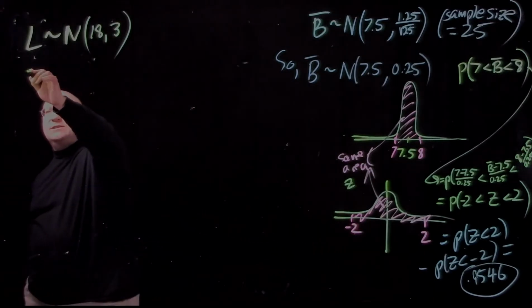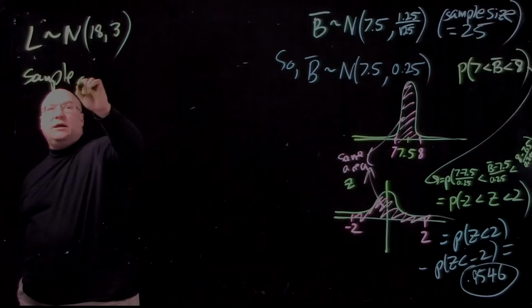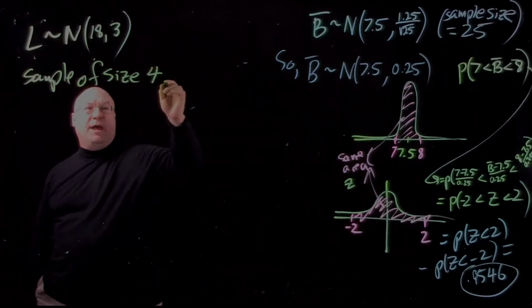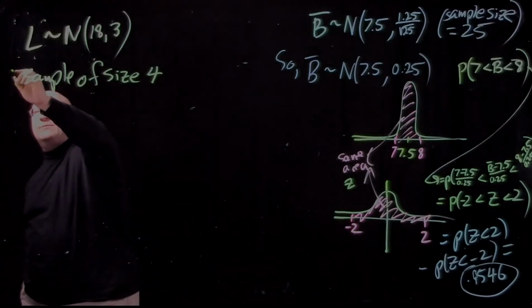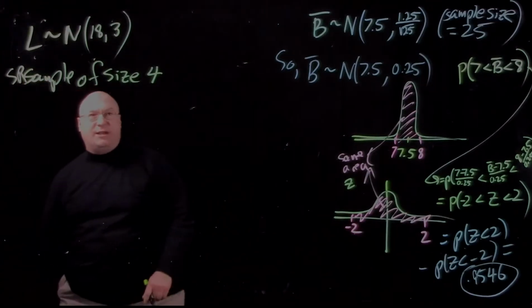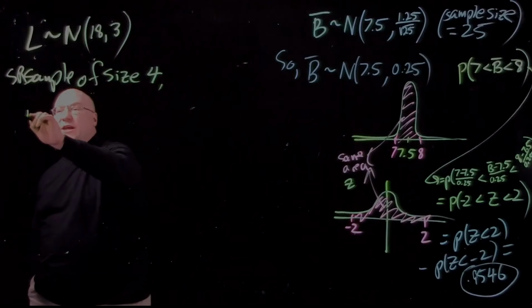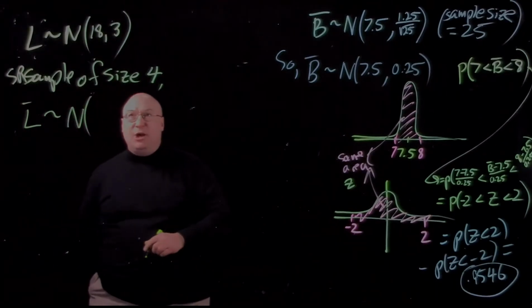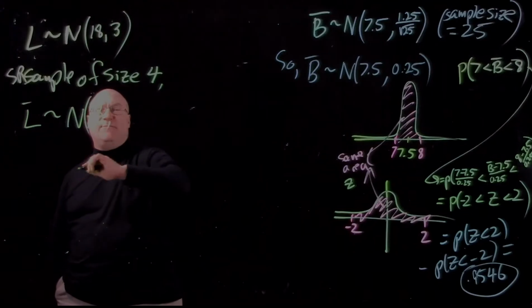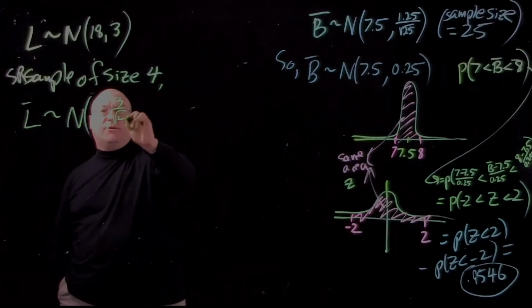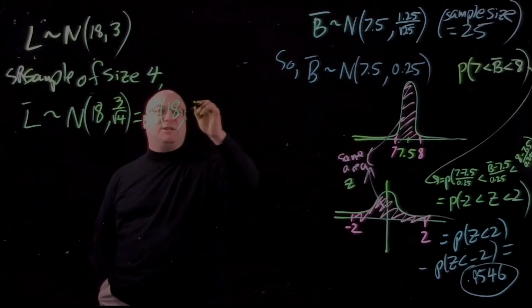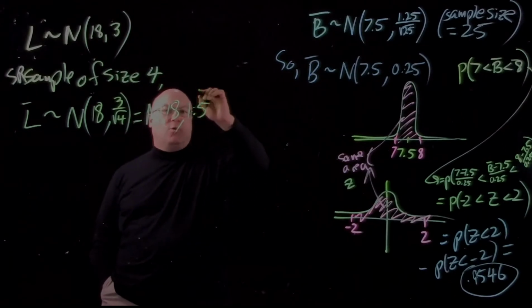All right, so what we really want is, I think, like this. I have a sample of size 4, and if we assume it's a simple random sample, SRS, of size 4, then L bar, the mean lifespan, will have the same mean, and the standard deviation will be 3 over the square root of 4. So it's normal with mean 18 months, and standard deviation 3/2 or 1.5 months.